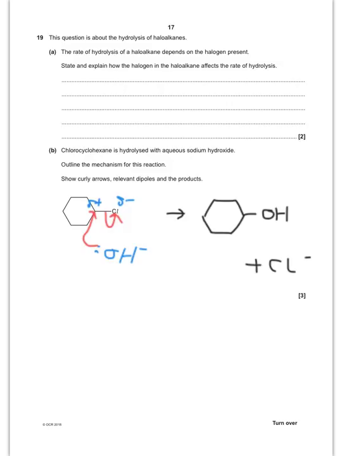So the C-F bond is hydrolyzed the slowest, then the C-Cl, then the C-Br, and then the C-I is hydrolyzed the fastest. And that's because the carbon-halogen bond is increasing in length as you go down the group, which makes it weaker and easier to break.